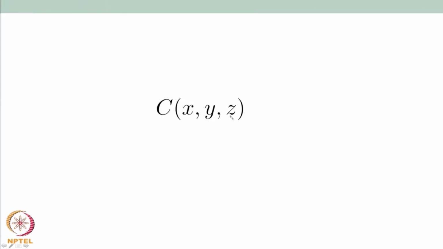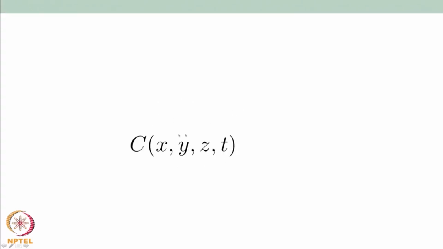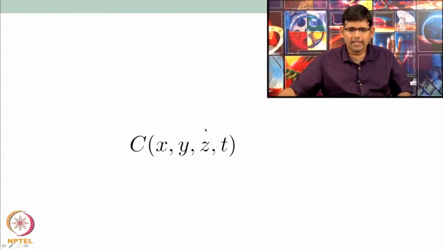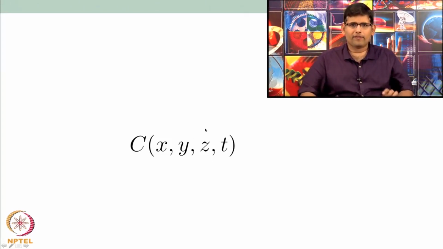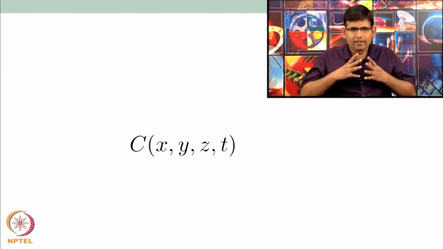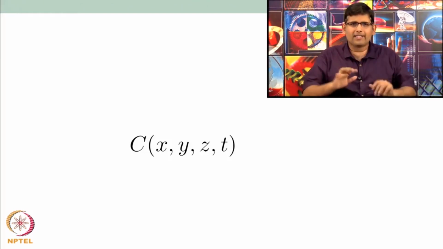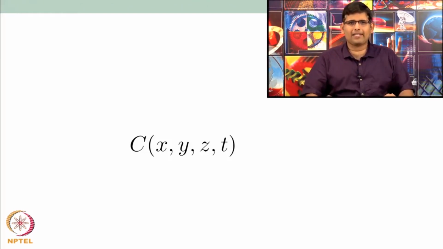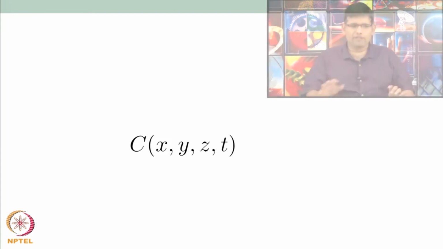So I want you all to think of what is the mathematical function for a helix. Maybe at some point we will discuss this. You can also think of c as a function of x, y, z and t, which is something flowing in 3D, right? So these are functions. So both flow and images can be thought of as mathematical functions. That is the message of today's lecture.